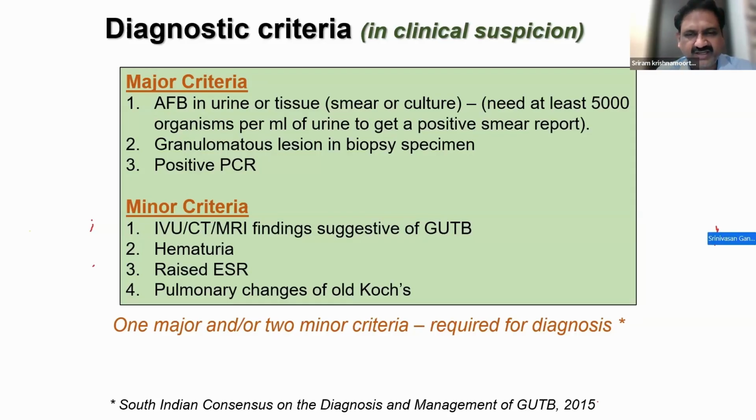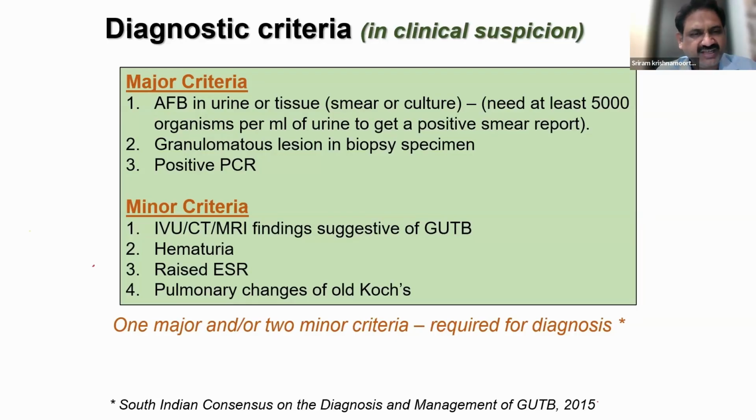That's why the South Indian Consensus Conference team members, urologists headed by Dr. Venugopal and Dr. Ganesh Gopalakrishnan, came up with a proposal that we can define major criteria and minor criteria, and if one major or two minor criteria are fulfilled in that individual, we can label them as having GUTB, and you will not be sued in a court of law if you justify starting the patient on ATT based on these major or minor criteria.